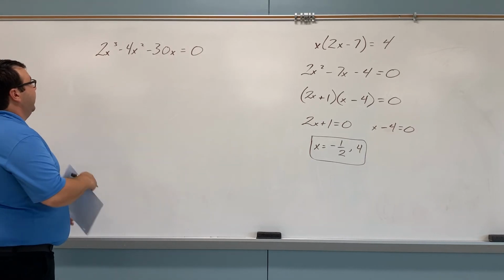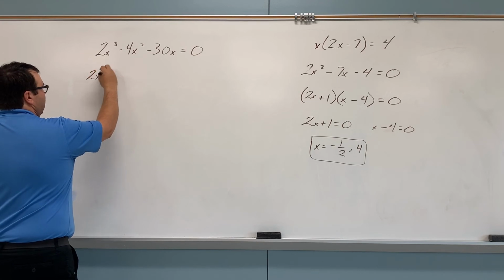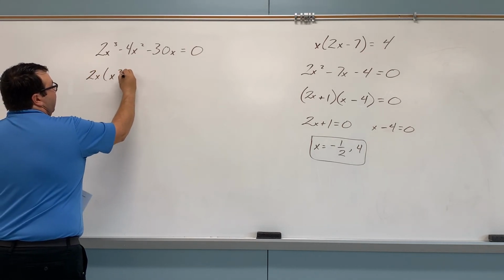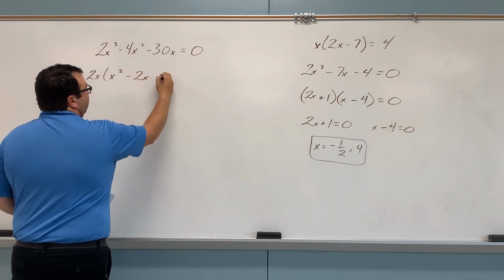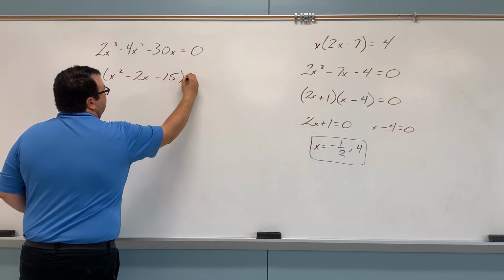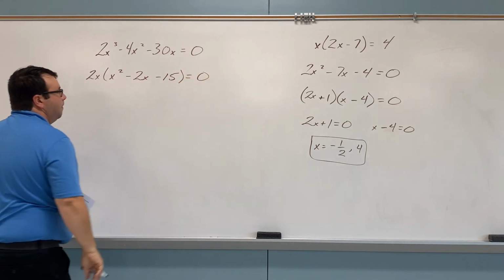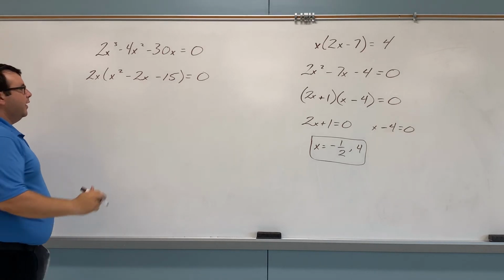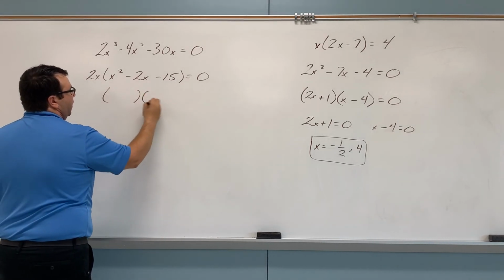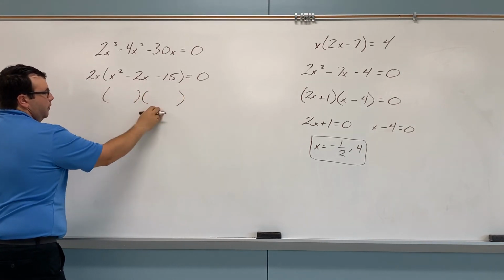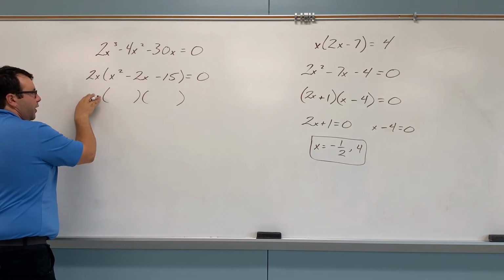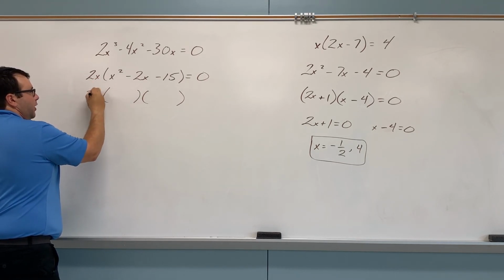So I'm going to pull that out as 2x. I'm left with x squared minus 2x minus 15, still equal to 0. Let's go ahead and factor. So I'm going to get this set up for my guess and check, but don't forget this 2x. So just bring it straight down.